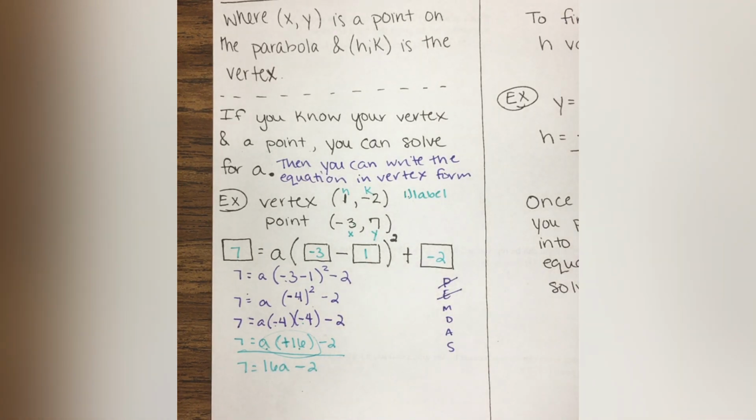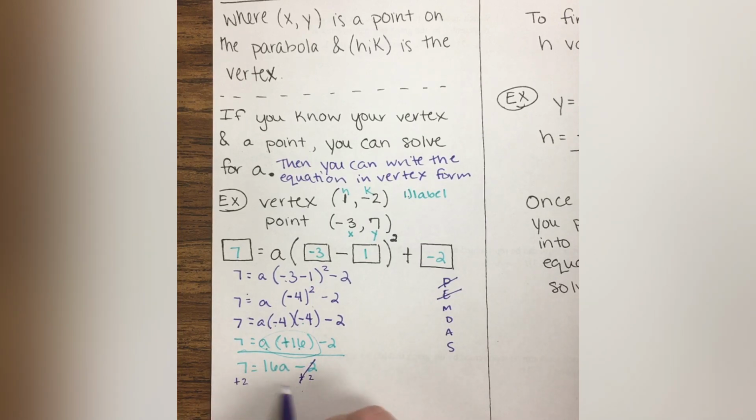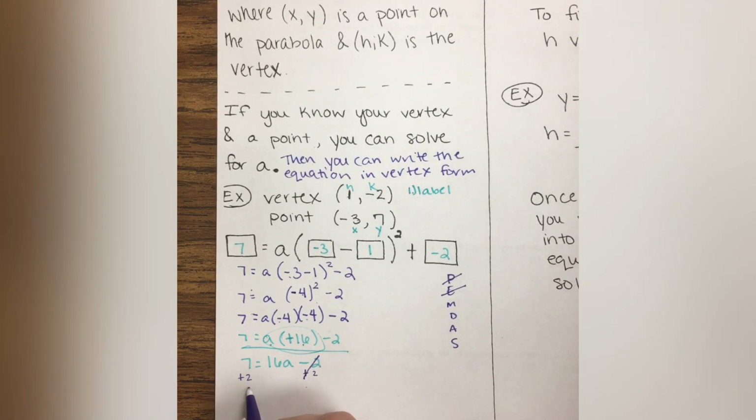Now from here, y'all, this is just a two-step equation. I'm going to add 2 to the other side, so that way all my variables are on one side, all my numbers or my constants are on the other. 7 plus 2 is 9 equals 16a. To get a all alone, I'm going to divide by 16, and I'm left with 9 over 16.